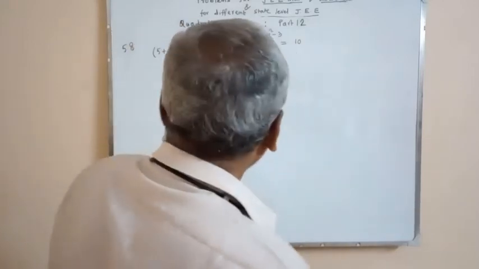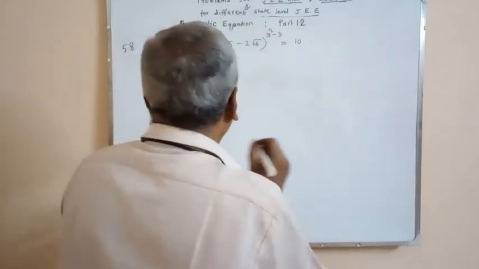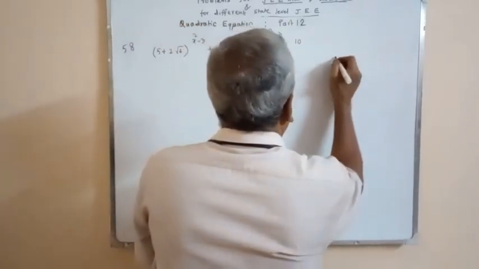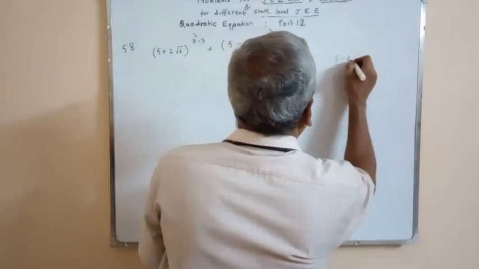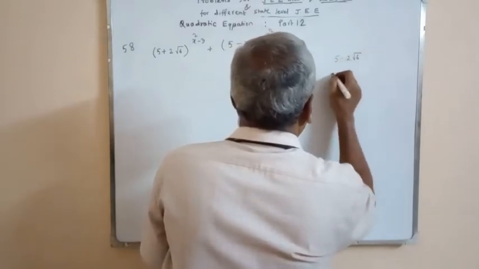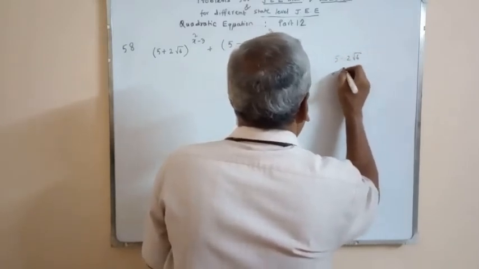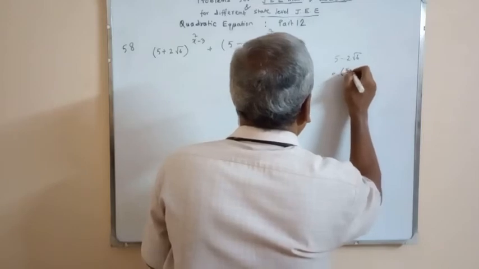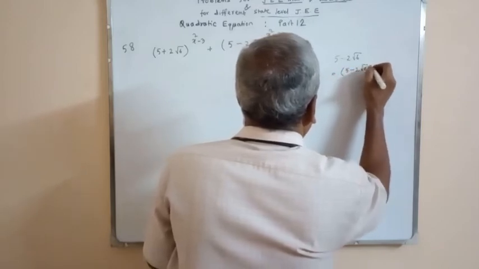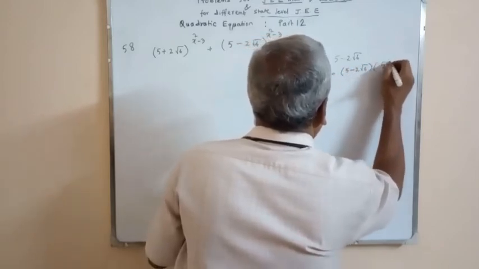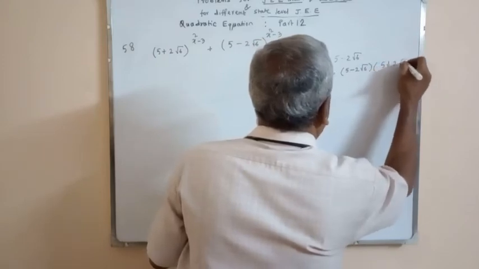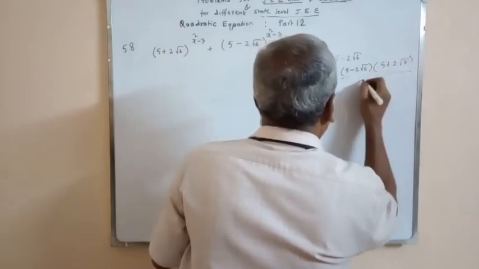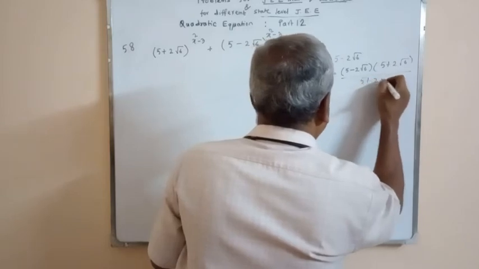So we know that 5 − 2√6 is equal to (5 − 2√6)(5 + 2√6) by (5 + 2√6).